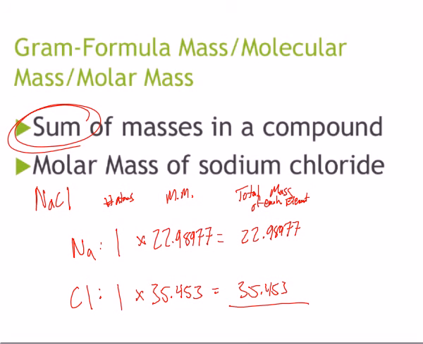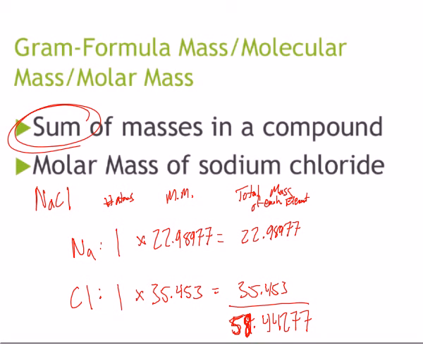What are we going to say our molar mass or gram formula mass is? 57.4 what? 4427. Now, sig figs. It's 58. Oh, 58. Yeah. 58.